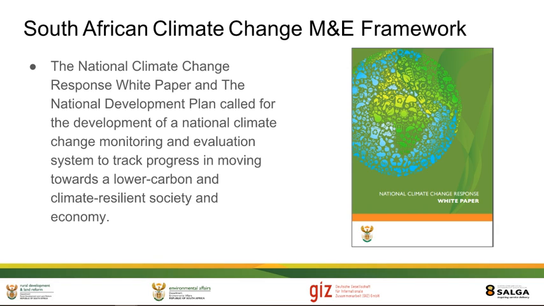A lower-carbon society and economy is one where emissions are reduced to sustainable levels and economic development is not dependent on fossil fuel-based energy. A climate-resilient society and economy is one where we are able to adapt to change.